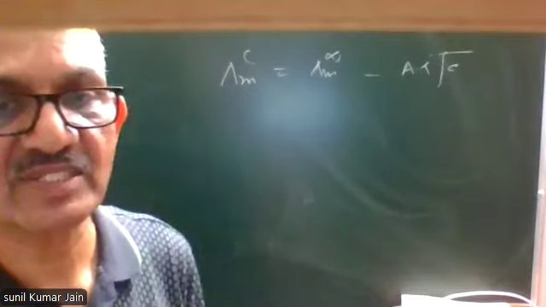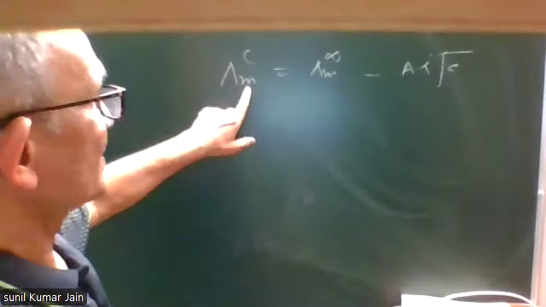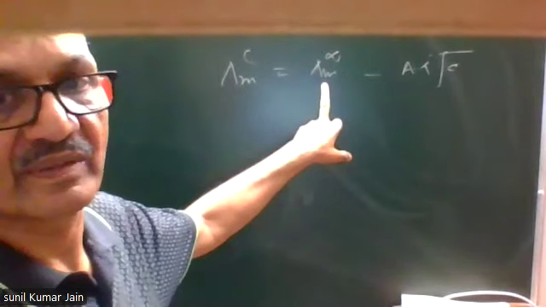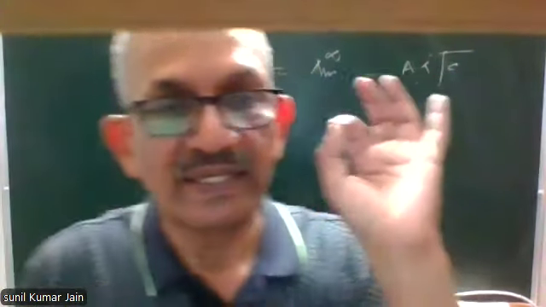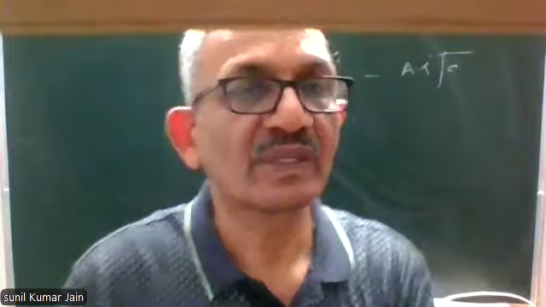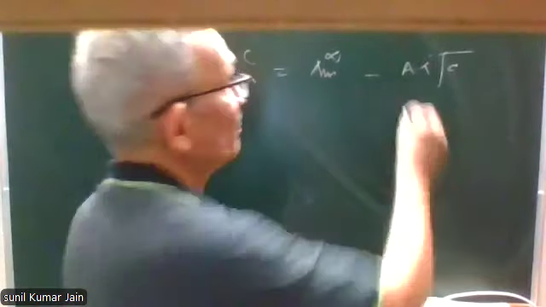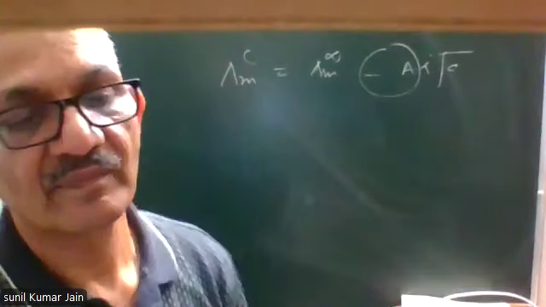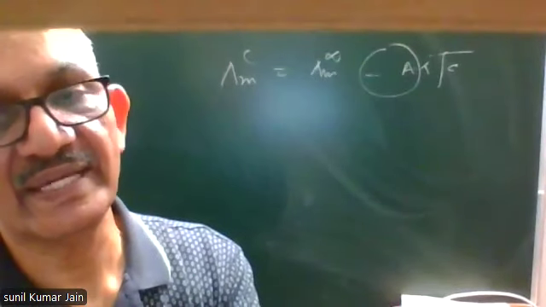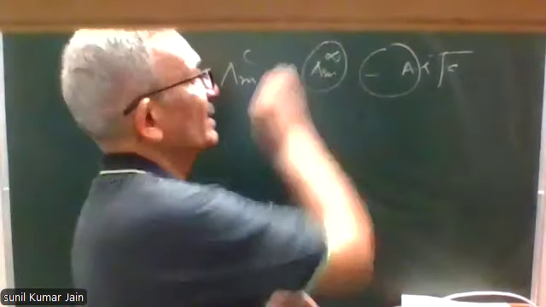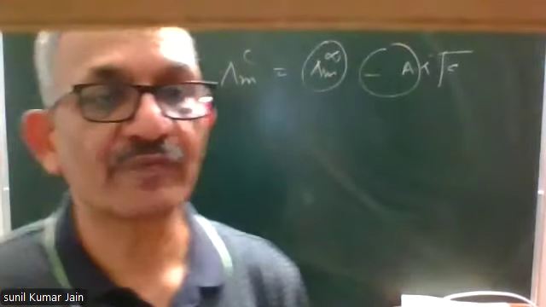Write down: equation 5 is a straight line equation with slope equal to minus A and intercept equal to lambda m infinity.